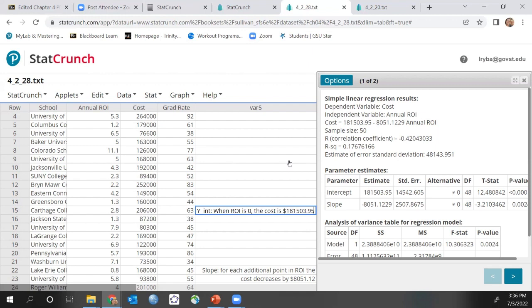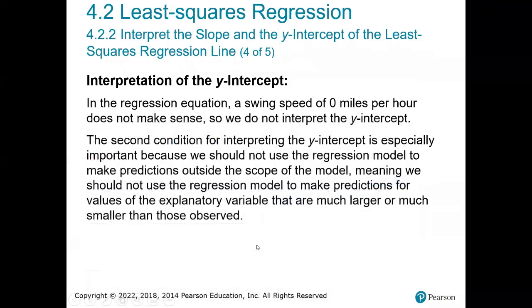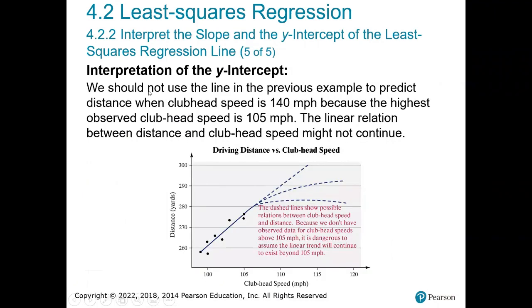The better your ROI, the lower the cost. Anytime you want to discuss the y-intercept, it's whatever your y is going to represent when x is 0, whatever the x you're talking about is. Again, for this one, we couldn't use it. We don't know if that's going to continue. We don't know how it's going to continue, so we don't know what happens outside of the scope of our model.